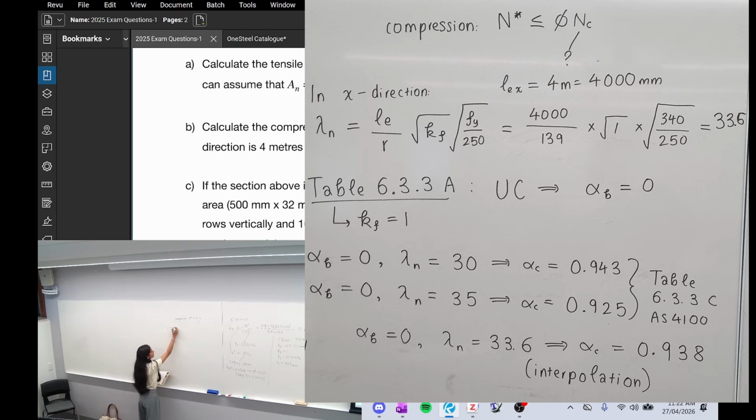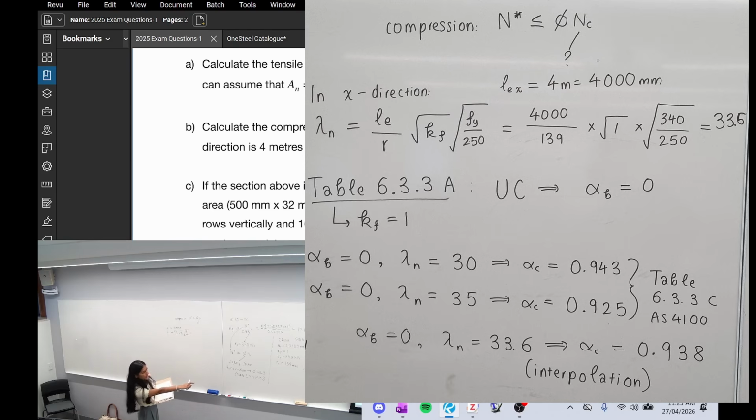This time in the question they've said that buckling about the minor axis is restrained. That means everything in the y direction is restrained, so we only want to check the x direction for this question. You don't need to check two separate slendernesses here. So we can just calculate your slenderness using the same formula that we used before, and we have everything here from One Steel.